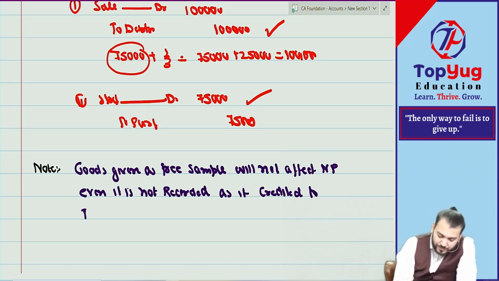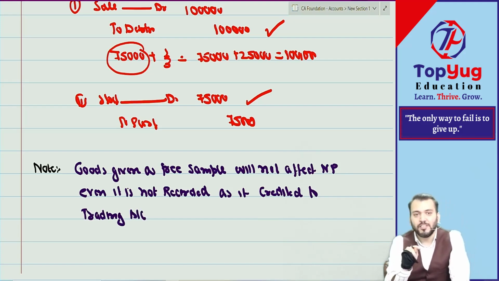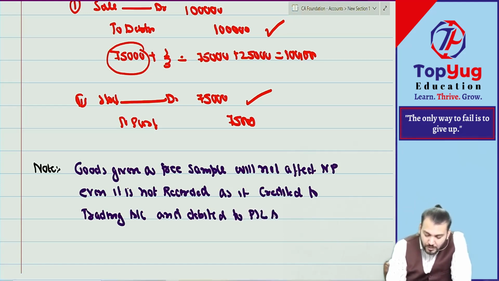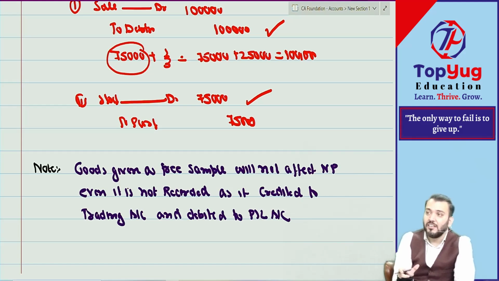Trading account, can I say? As it is credited to trading account, means deducted from purchase, and debited to what? P&L account. So ultimately the effect is nil.